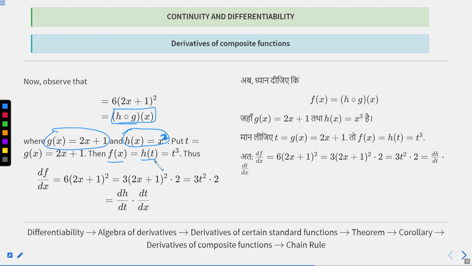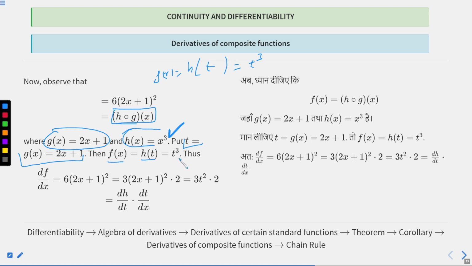As we already know that f(x) is equal to h of g of x, and we use t is equal to g(x), which is this thing, so this will be t. So this means t cube. Okay, clear?